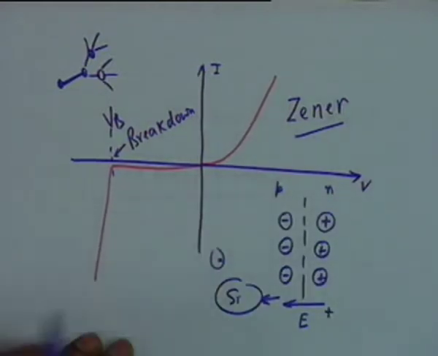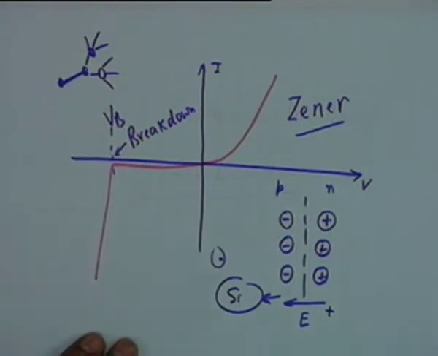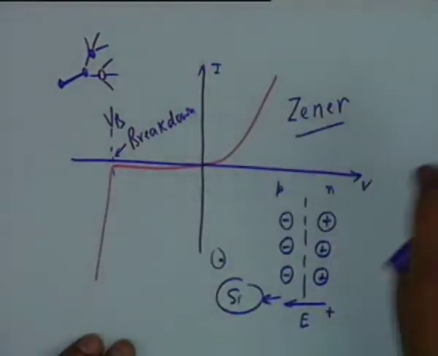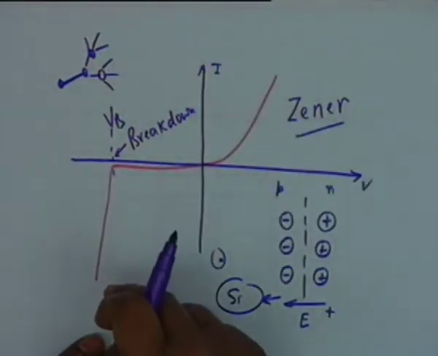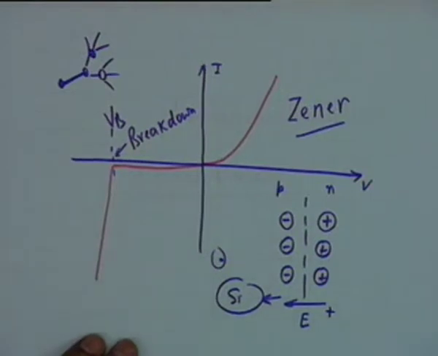The capability of a Zener to maintain a constant voltage irrespective of the current, what is it in circuit theoretic terms? It's a voltage source, not a current source. It keeps its voltage constant irrespective of the current, and therefore the Zener can be used as a voltage source, which means that you can stabilize voltage across a load.